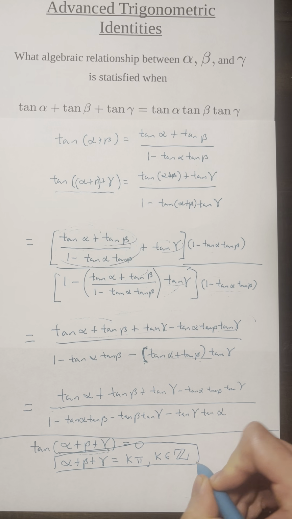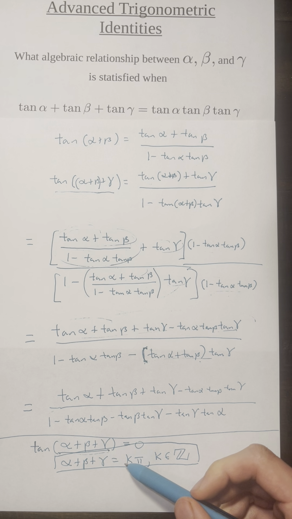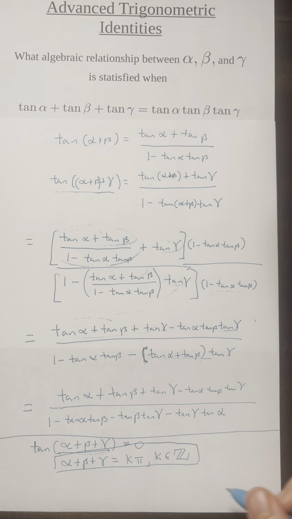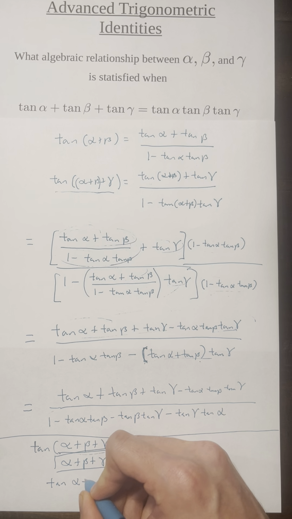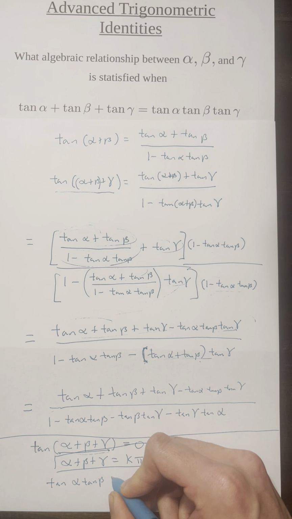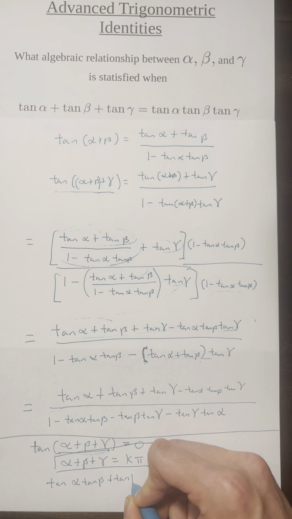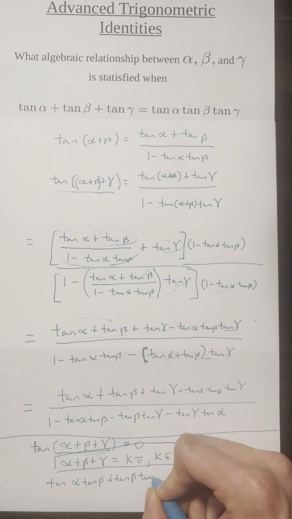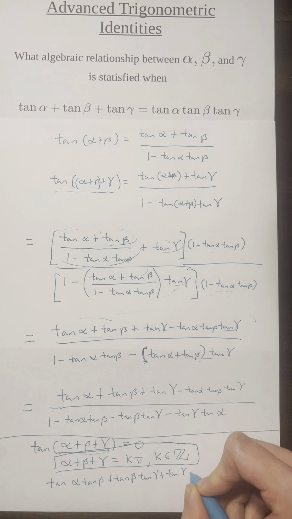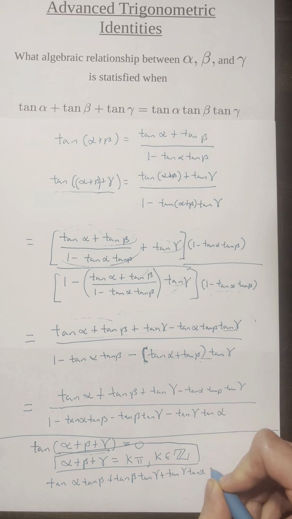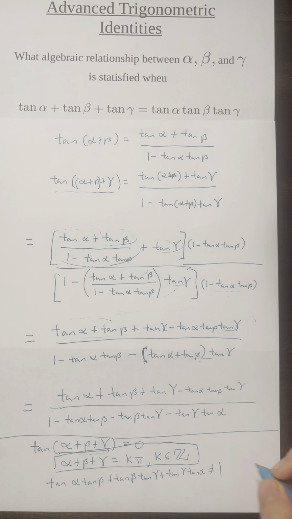But this is when the denominator is not equal to 0. So tangent alpha times tangent beta plus tangent beta times tangent gamma plus tangent gamma times tangent alpha is not equal to 1. But what if it is? Well, we need to address that case separately.